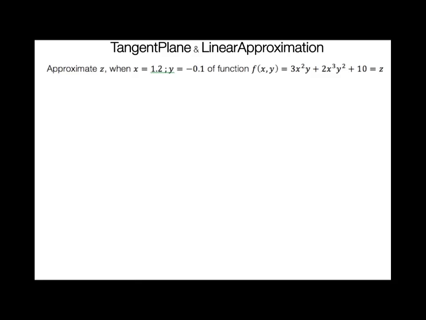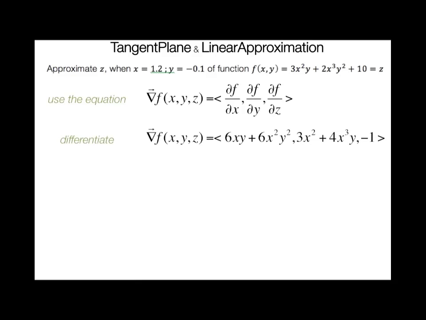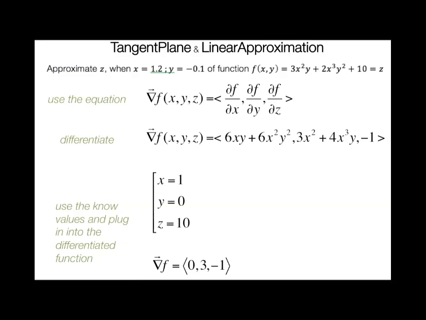Let's do an example. Approximate z when x is equal to 1.2 and y is equal to minus 0.1 of this function. Our first step is to use the formula, differentiate and get the normal vector, and plug in the known values.